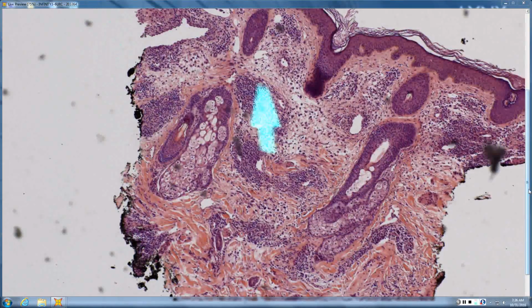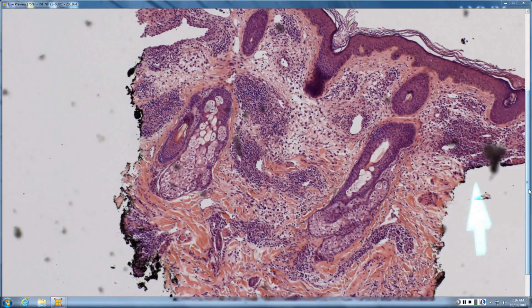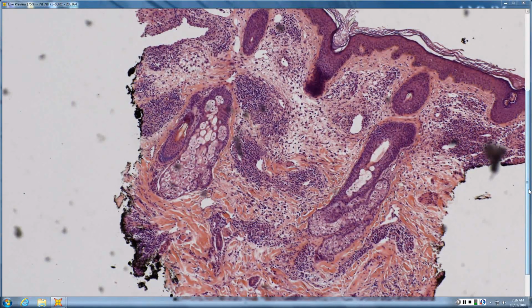Is it a top to bottom, side to side process, or is it very boxy and compartmentalized? It seems very boxy and compartmentalized. And in fact, it leaves a little border zone between the inflammation. If you were a German pathologist and you were trying to say there was a border zone there, what would you say? A Grenzzone.